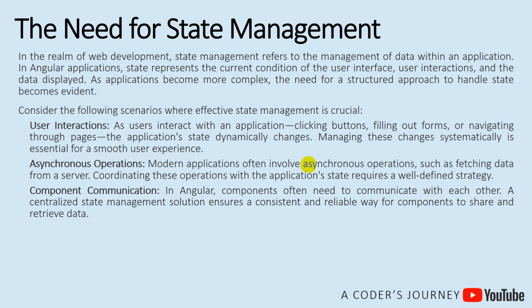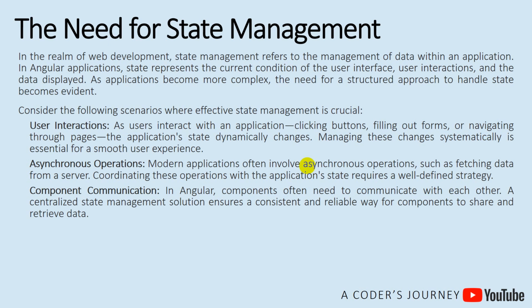Next, asynchronous operations. Every modern web application from time to time needs to carry out some asynchronous operations like fetching some data from an endpoint. So coordinating these asynchronous operations with the state of the application again necessitates a well-defined strategy. Last but not least, component communication.